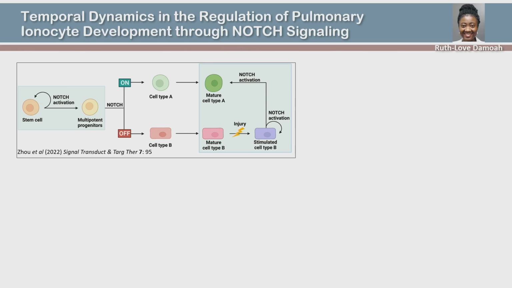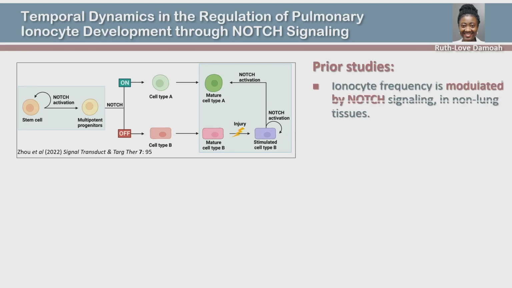She focused on Notch. So we know that Notch signaling is very important in terms of stem cell activation, but also at some later stages after injury. Prior studies have shown that ionocyte frequency is modulated by Notch signaling in non-lung tissues.